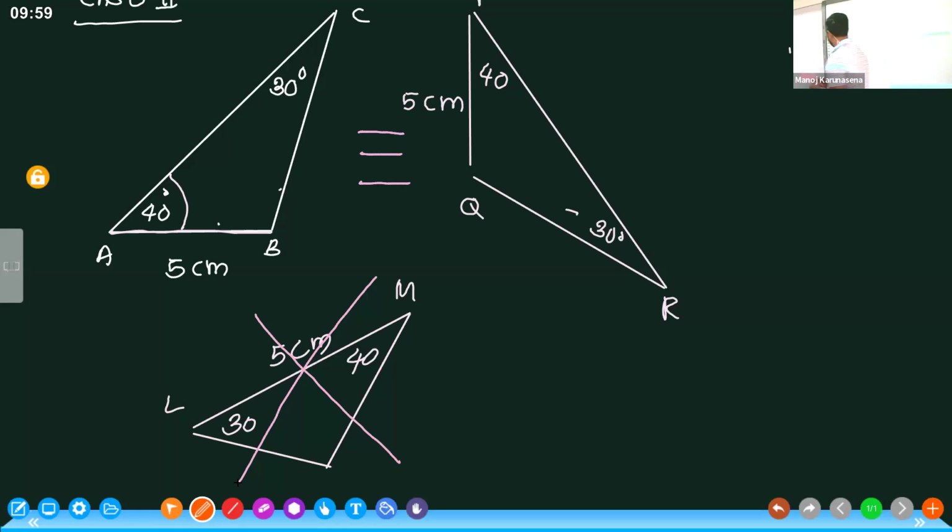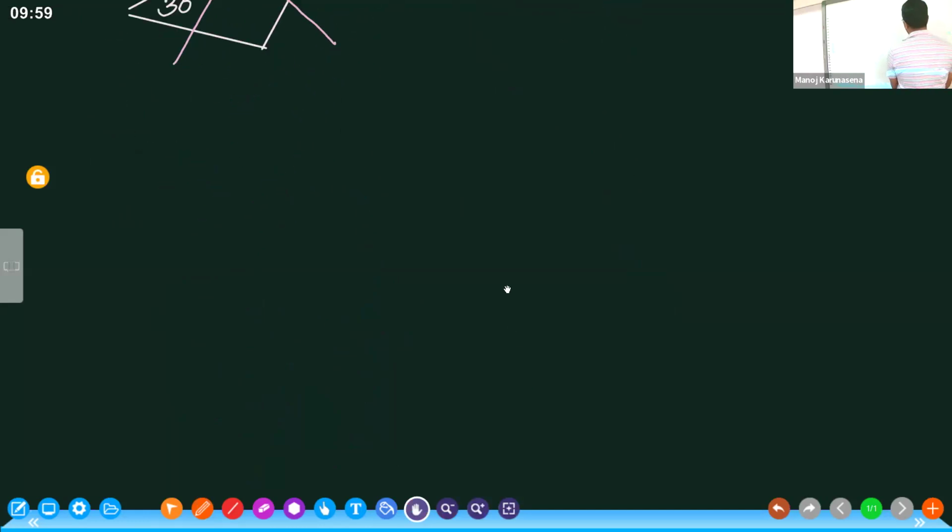Now, moving on to some larger measurements, I have three triangles whose angles are equal but the side lengths are different. Let's consider these three triangles the same as yours, only the side length is different.